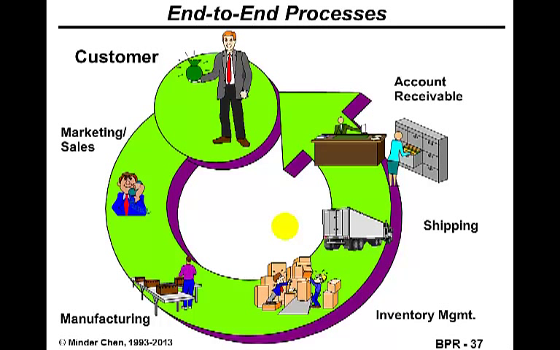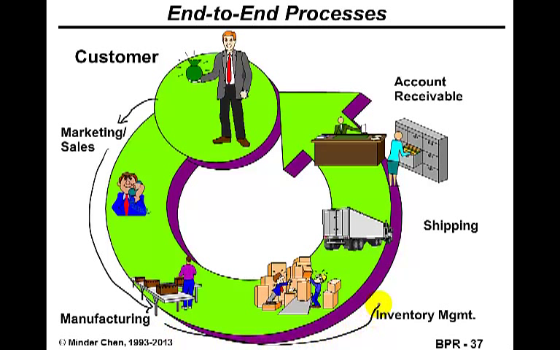Let's look at business process, in this case, using the customer's order fulfillment cycle as an example. When we look at a business process, we want to consider the process from end to end. In this case, the customer may be interested in us because of our marketing and sales effort, and eventually we will produce the product and service they need.